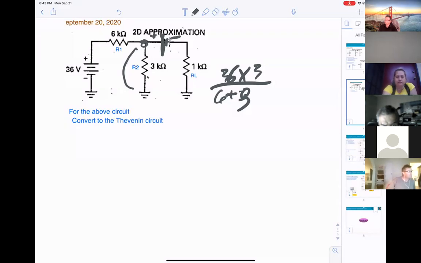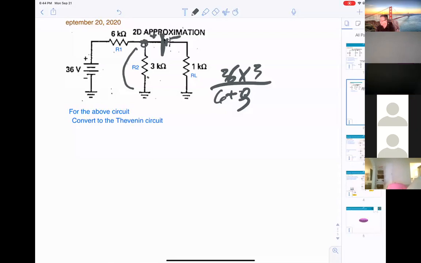This time R1 is in series with R2. You understand a voltage divider law only applies for a series circuit, right? Series circuitry, you get the law, they call a voltage divider.